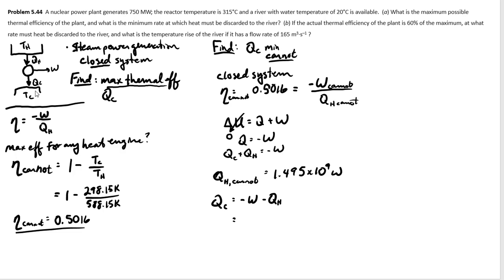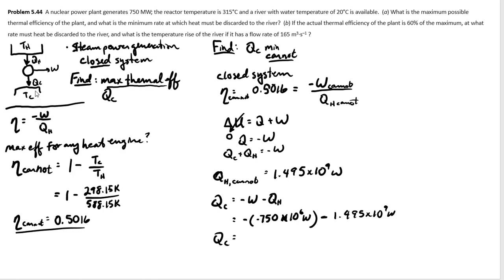And so this is what? This is minus minus 750 megawatts, and I'll put that as 10 to the 6 watts. Because remember, work that's being produced is negative. So I have minus a minus. And then minus QH. QH is 1.495 times 10 to the 9 watts.